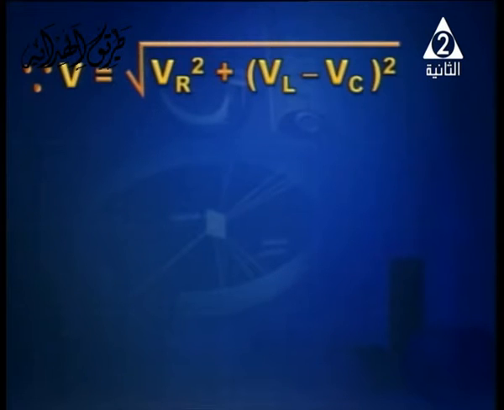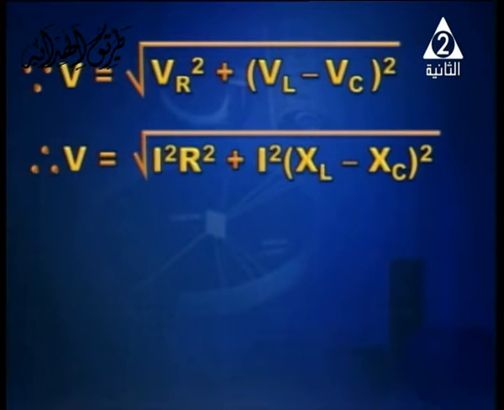And now, V is equal to the square root of VR squared plus VL minus VC all squared. So VR squared is equal to I squared R squared, and VL squared is I squared XL squared. So I squared will be taken as a common factor, with XL minus XC all squared between two brackets.